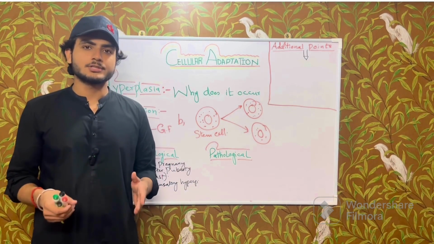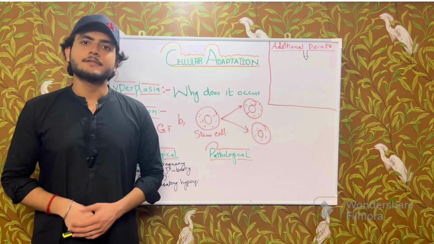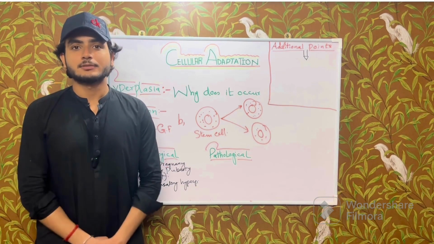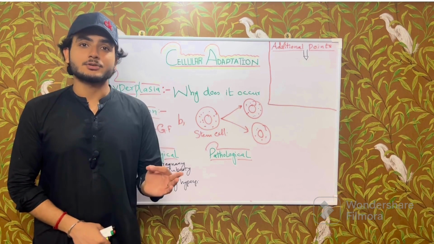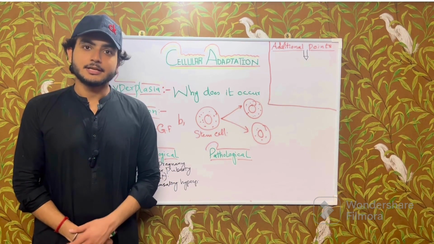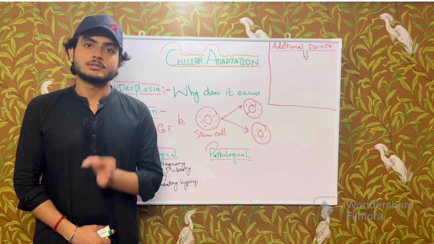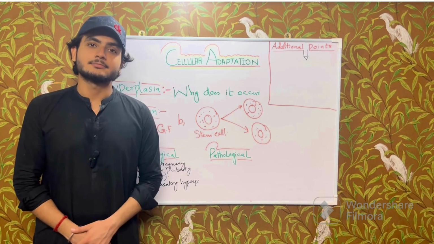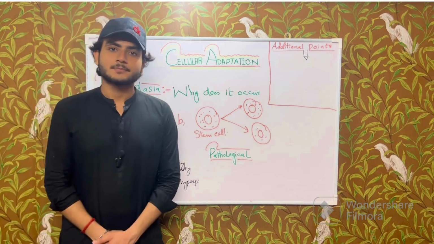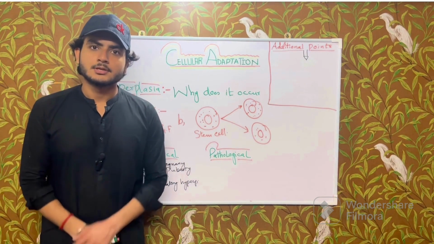Okay, let's talk about the liver. If because of some reason, it could be cirrhosis of the liver or some carcinoma, part of the liver tissue is removed, and the liver tissue regains its size, the mechanism involved is known as compensatory hyperplasia. So why does it occur?